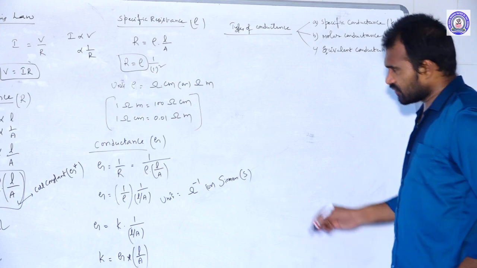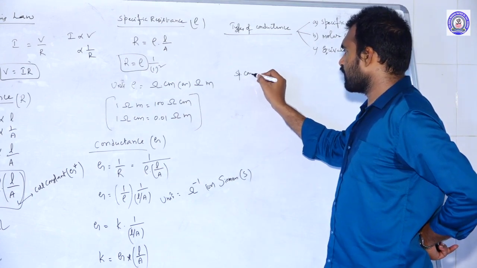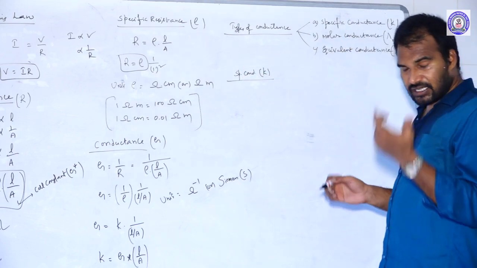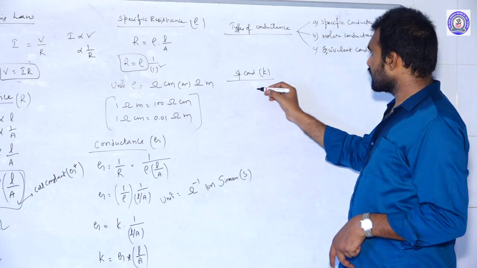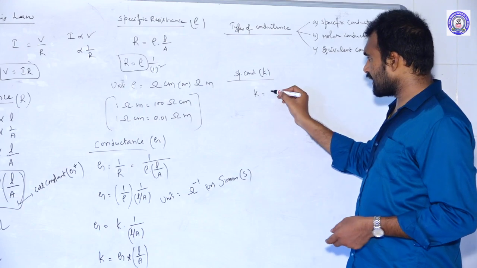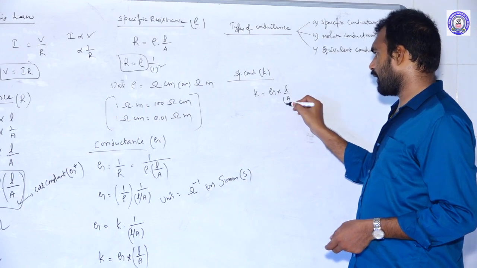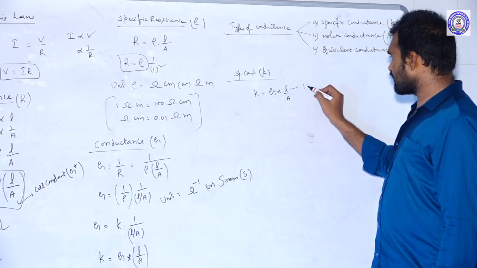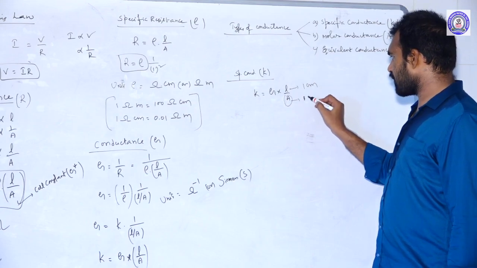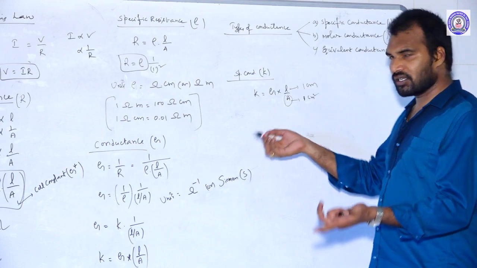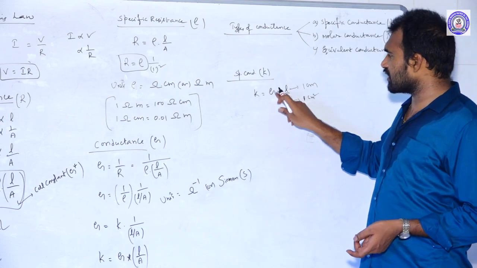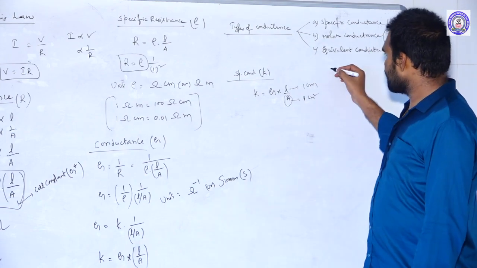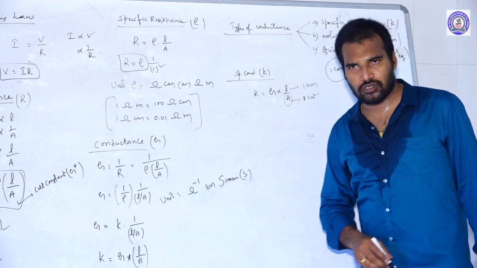Yes, let us discuss one by one. First one is specific conductance, represented with K. As we know, the relation between the specific conductance and the conductance is specific conductance K equal to conductance G into cell constant L by A. Suppose the length is 1 centimeter and the area is 1 centimeter square, then 1 by 1, K is equal to G. So specific conductance is nothing but the conductance shown by the ions present in 1 centimeter cube volume of the solution.